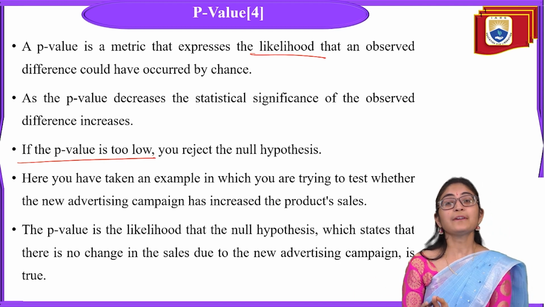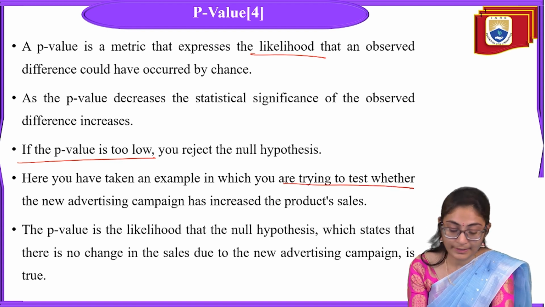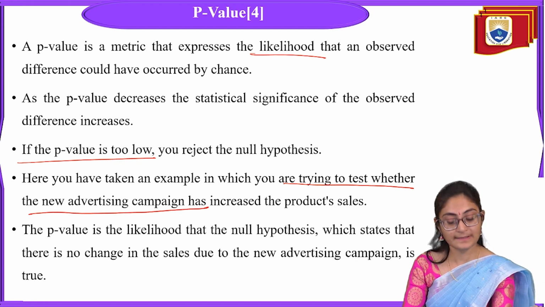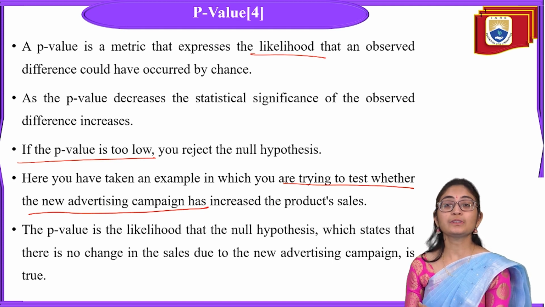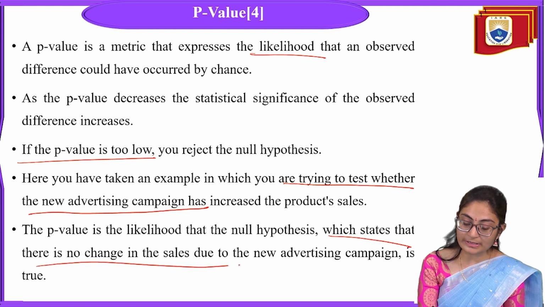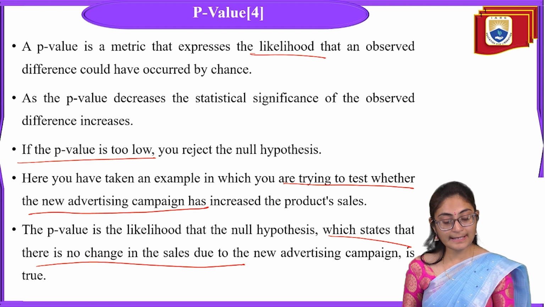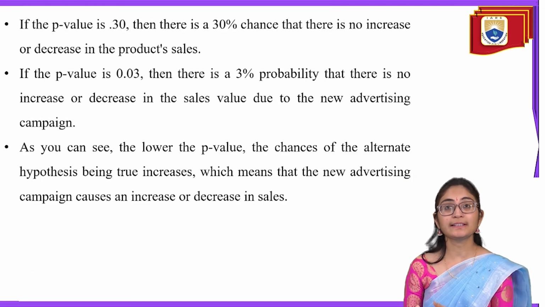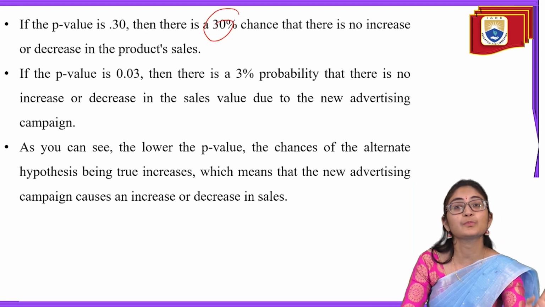Here, we take one example in which you are trying to test whether a new advertising campaign has increased product sales. The p-value is the likelihood that the null hypothesis, which states that there is no change in the sales due to the new advertisement campaign, is true. If the p-value is 0.30, then there is a 30% chance that there is no increase or decrease in the product sales.